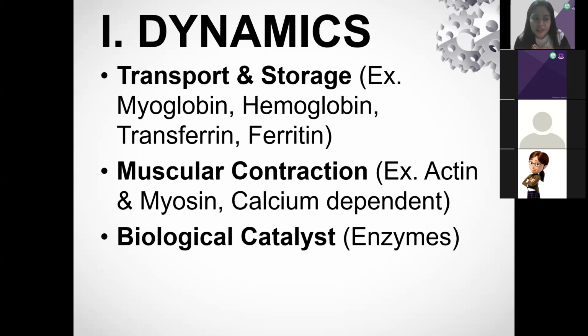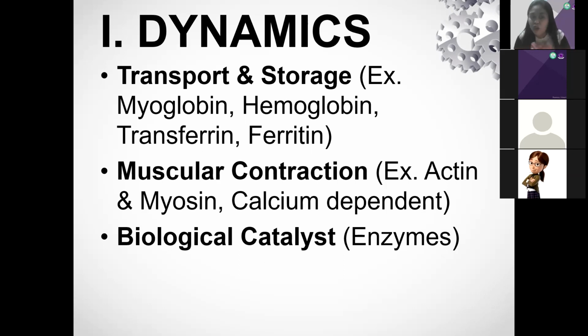Si ferritin naman, yung storage ng iron sa body. So please take note of that kasi hindi ko yan sinulat sa, hindi ko yan sinama sa slide ko. Myoglobin sa muscles, ano ang tinatransport? Oxygen. Si hemoglobin naman sa blood. It's the same thing, oxygen. Si transferrin and si ferritin, both sa iron.